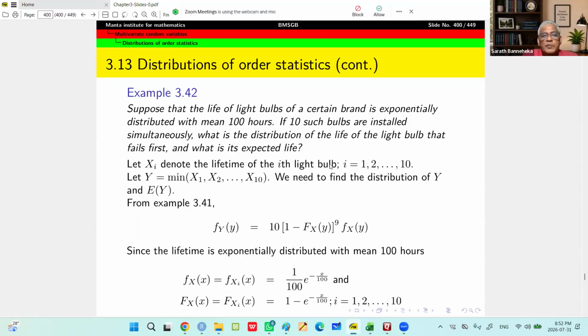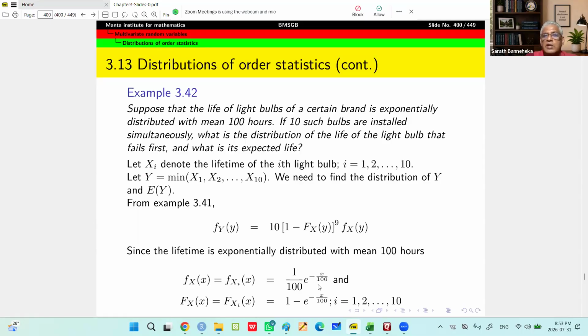From the previous expression, I can now write down the density function of y as n times 1 minus F_X(y) to the power n minus 1, times the density function of X. We know that the density function of X is 1 over 100 e to the power negative x over 100.